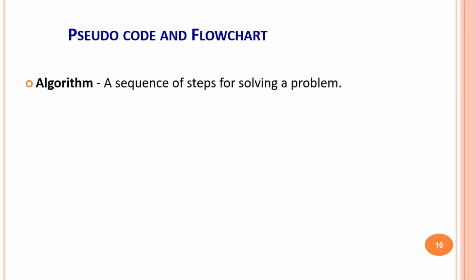If I ask you to write a procedure for preparing tea or preparing any dish, you write sequence by sequence of steps, and you mention the step by step procedure, in what manner those steps are to be followed so as to successfully prepare tea or the specified dish. Likewise, for solving a problem on computer, the sequence of steps which you identify is known as algorithm.